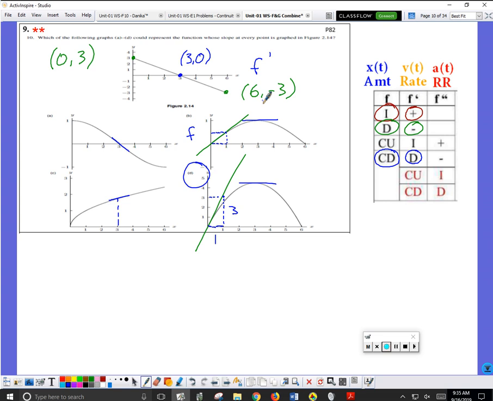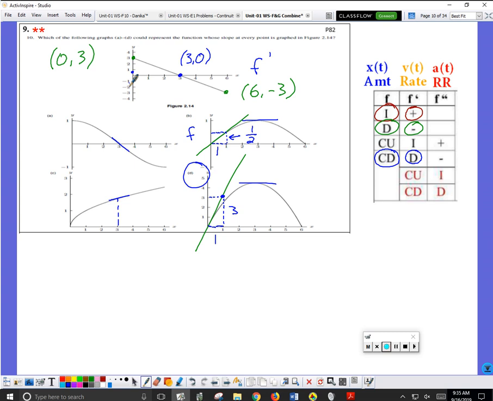So I just did my best to estimate, and notice that on this one, if I go over 1 and up 3, that appears to be this slope. So that's a match. Whereas here, if I go over 1, I'm only going up 1/2. So this slope is 1/2. And that would mean that y coordinate would have to have been here. Is that better?